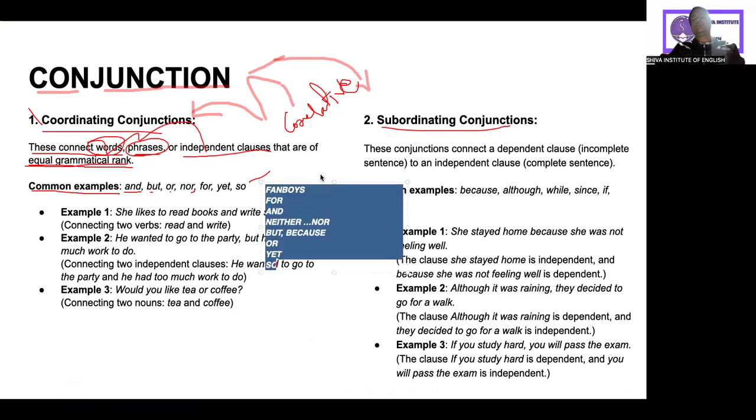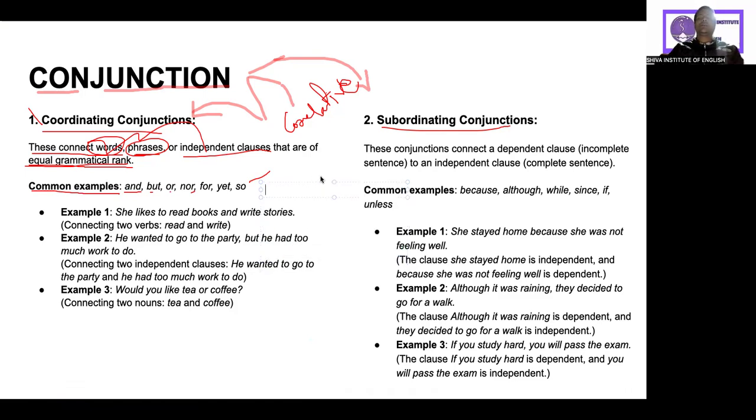So these are called coordinating conjunctions, also known as cheap conjunctions. Therefore, if we remember those, it becomes helpful for us to not have to remember everything.